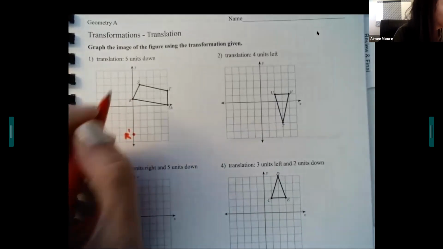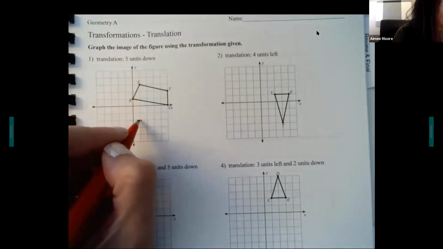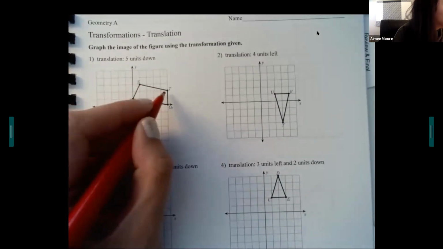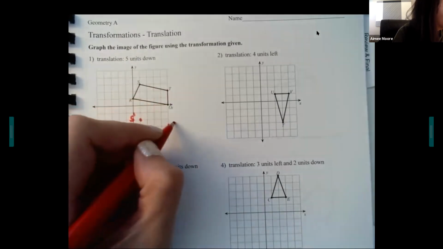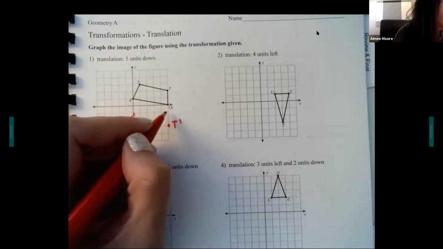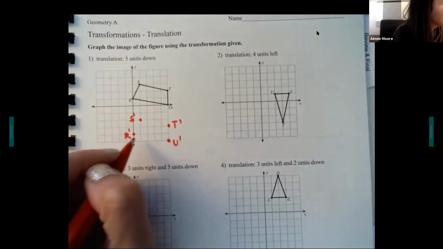That's R prime. S will move down 1, 2, 3, 4, 5. S prime. T 1, 2, 3, 4, 5. T prime and U 1, 2, 3, 4, 5. That's U prime.